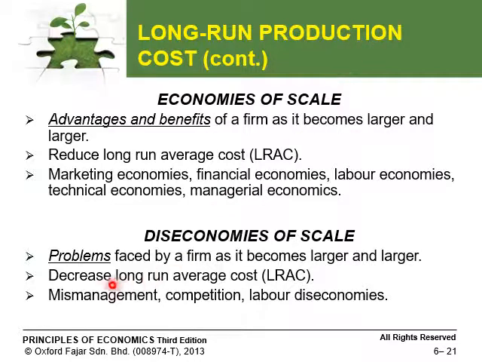Okay, so an example of diseconomies of scale is mismanagement. When mismanagement happens in your firm, a lot of resources are wasted and your production won't be efficient. Okay, you cannot save your costs.